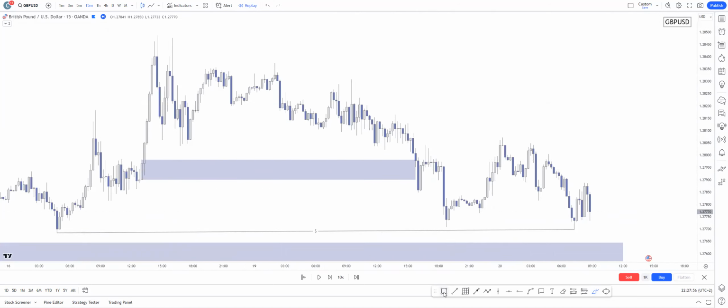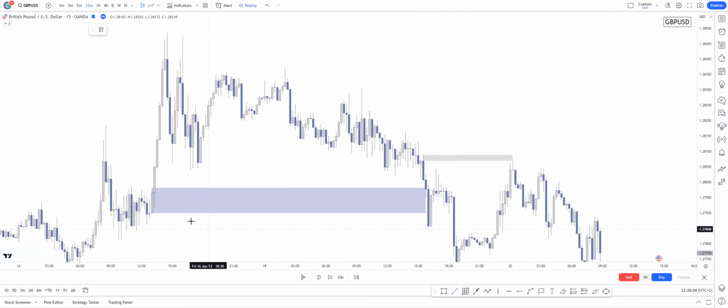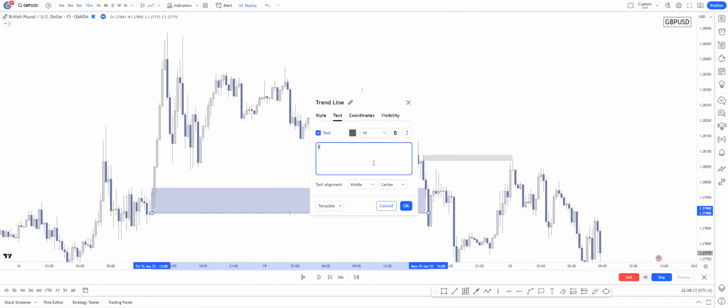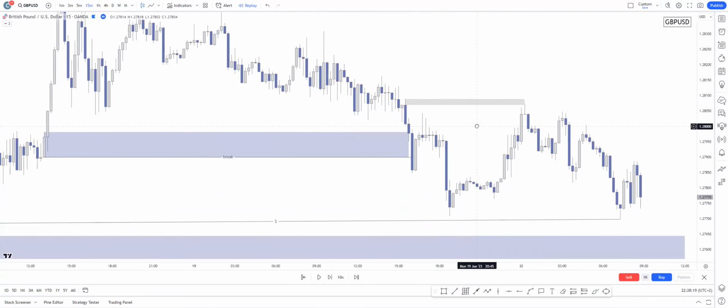Also, let me mark this weak zone out, because price reacted on it after the break of the last demand area. So there was a break. And yeah, technically this was liquidity right here.